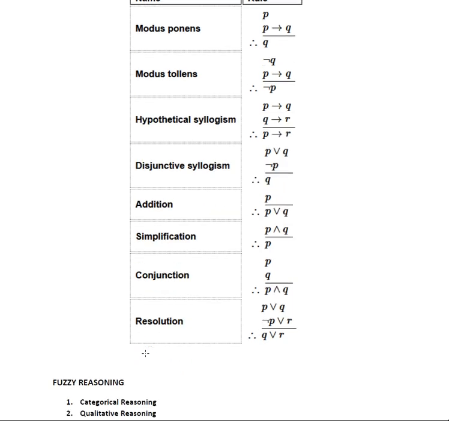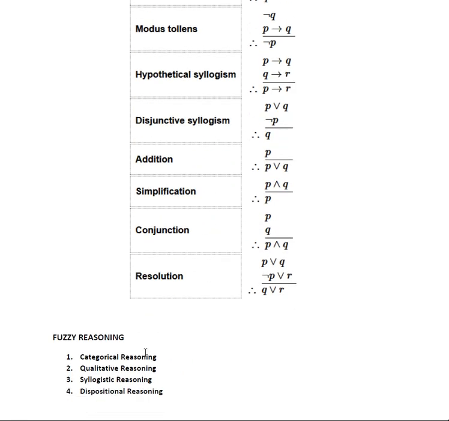Now if you still go to fuzzy reasoning, there are different types of fuzzy reasoning. Fuzzy reasoning is the collection of fuzzy rules, and in the fuzzy rules there is an antecedent and a consequent.